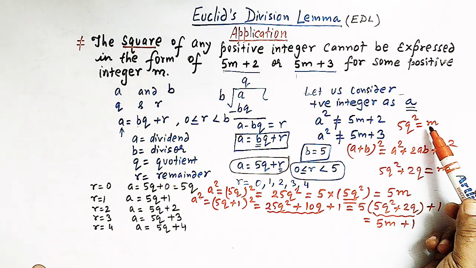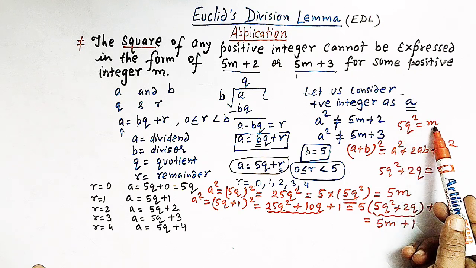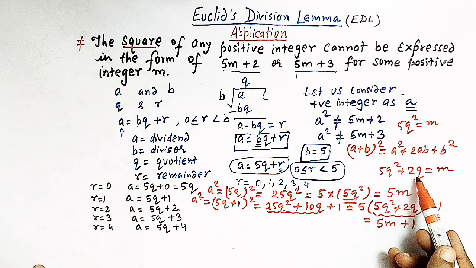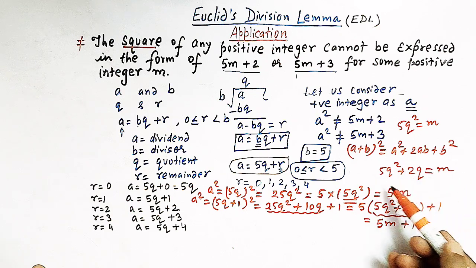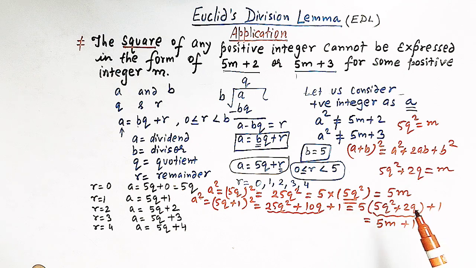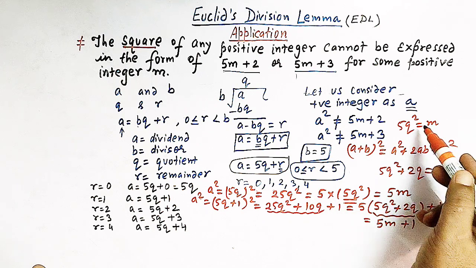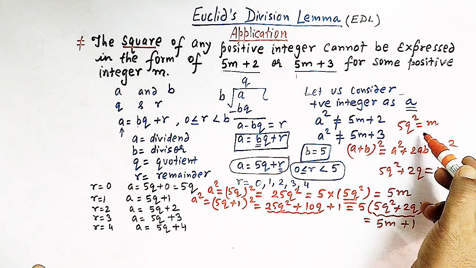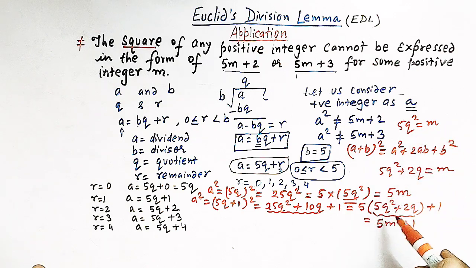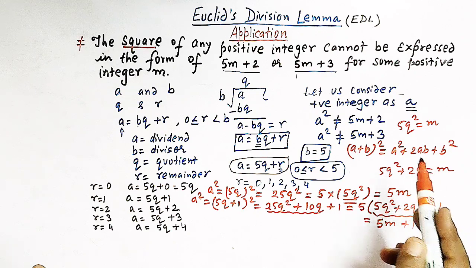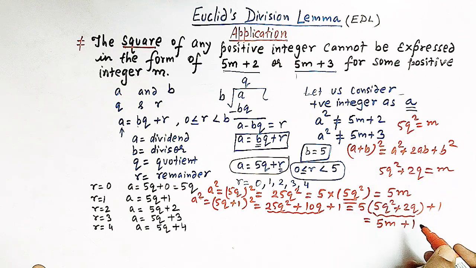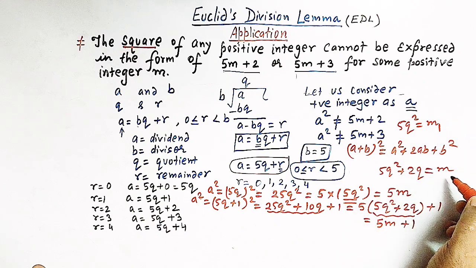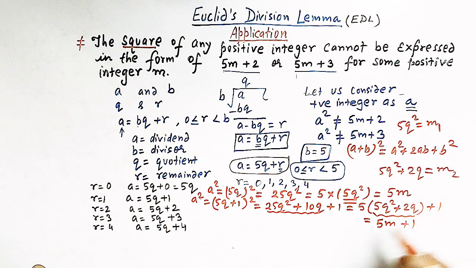So viewers, here we are taking 5q square as m, and m is a positive integer, and here we have taken 5q square plus 2q as m, where 5q square plus 2q is a positive integer, right? So in both the cases we are taking the same notation, that is m. But if we wish to distinguish between the two integers, we can also take 5q square as m1, and 5q square plus 2q may be taken as m2.